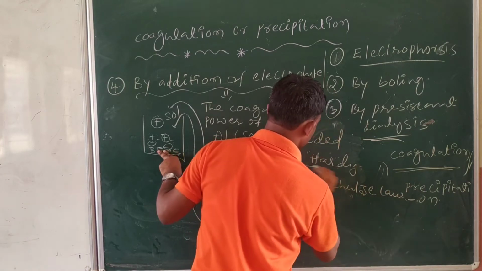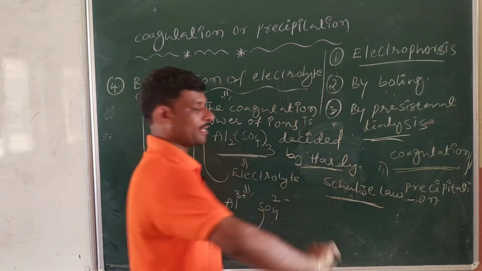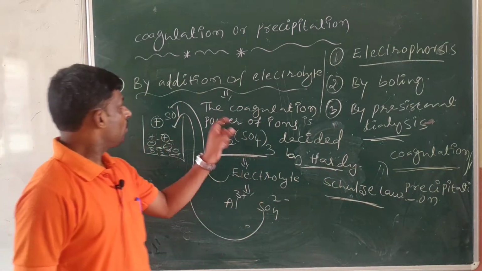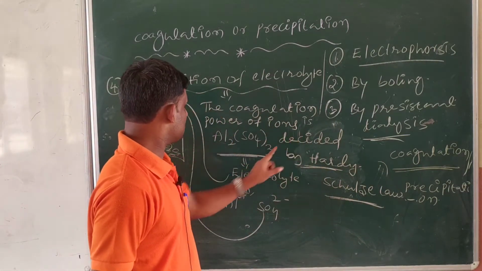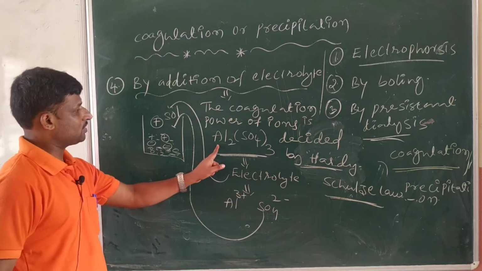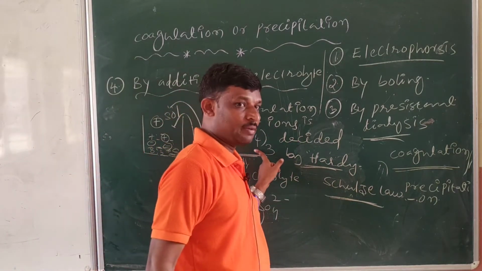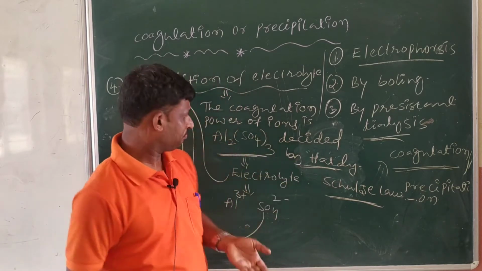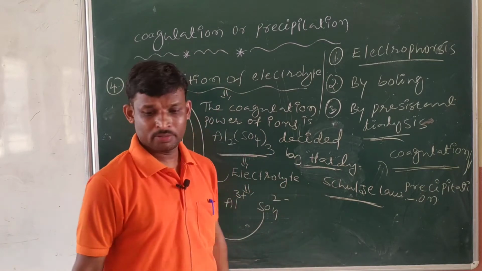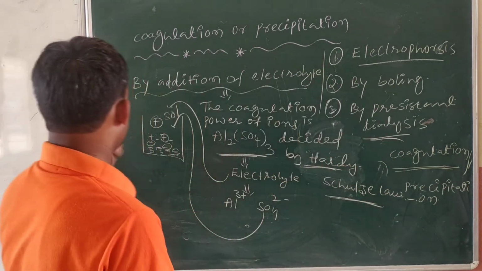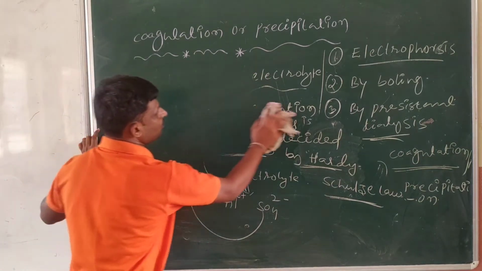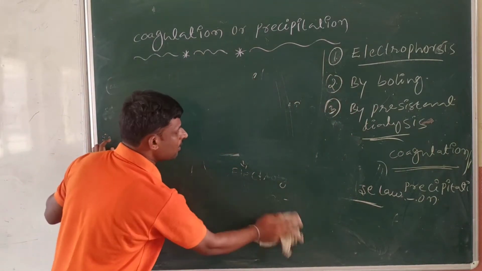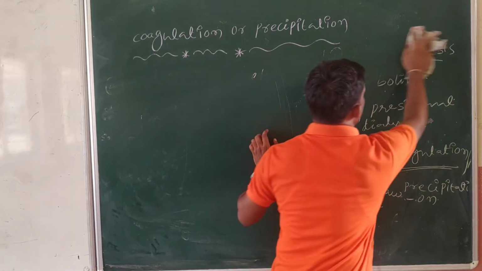Are you getting my point? In the case of Al3+ and SO4 2- ions, we'll discuss the coagulation power. What is the Hardy-Schulze method? Have you understood this one?